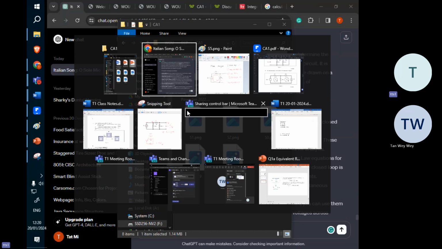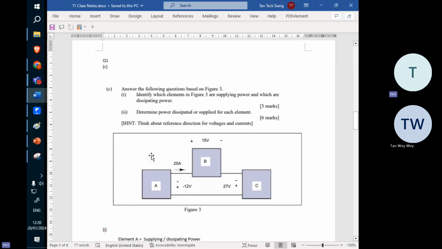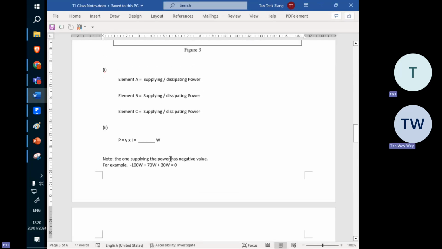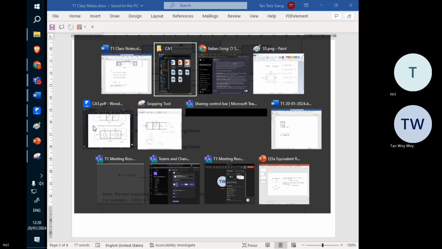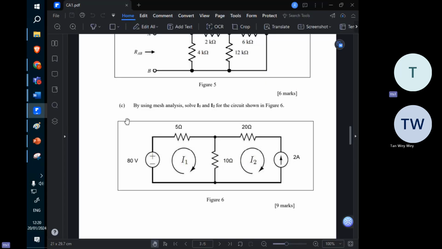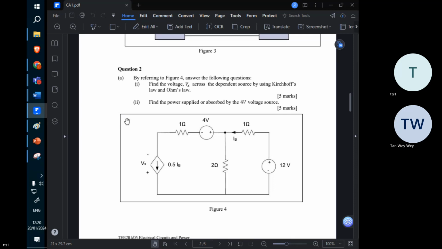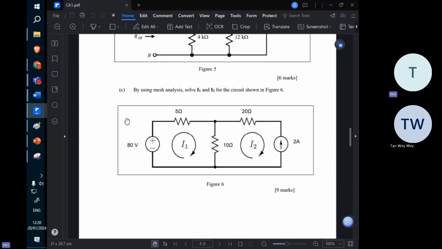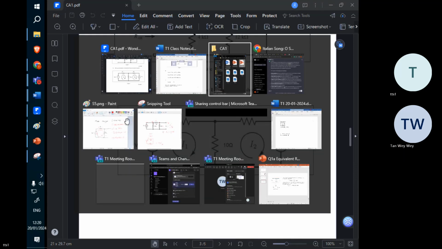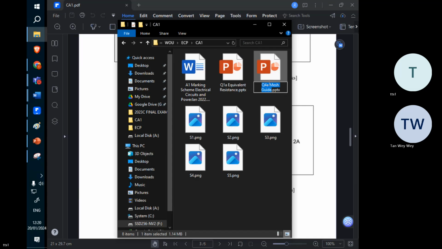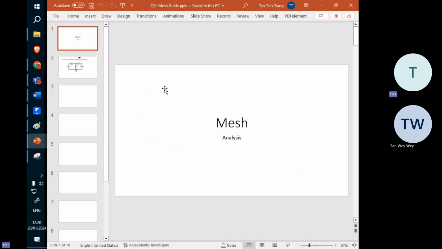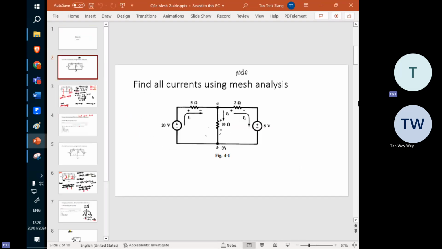So this is question one. Let me double confirm. This is question 2C. All right, Miss Tan, I want you to try. If you understand what I mean just now, I want you to try find the currents I1, I2 from this circuit.